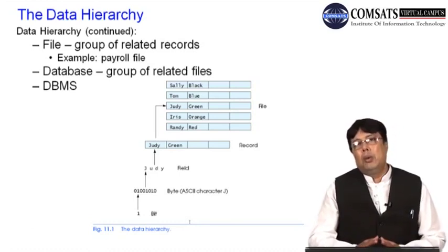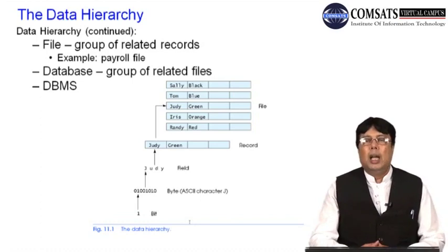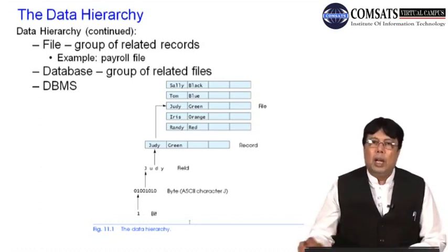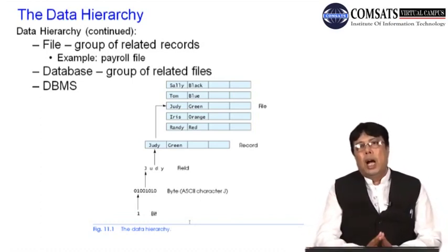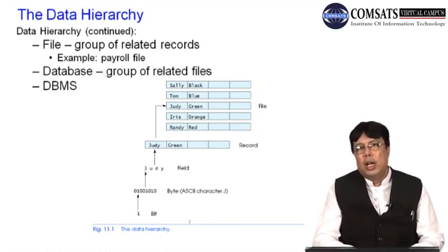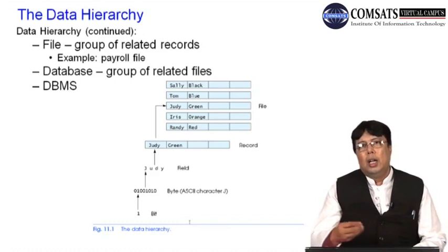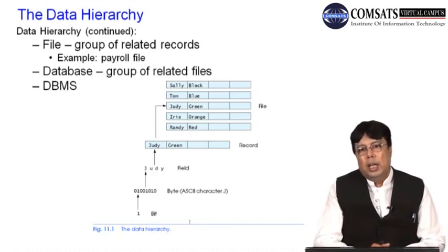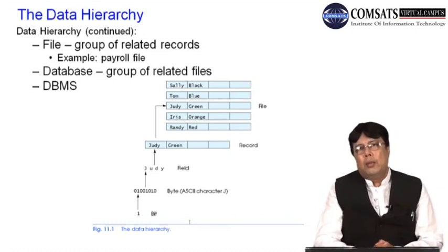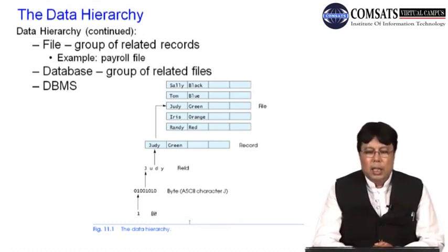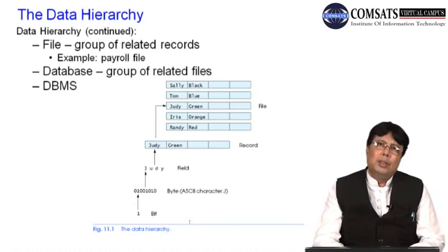But if we are talking about the inventory system, then it contains the name of the item, its specification, its size, its price, its date of purchase, and its expiry date, for example, and so you can have a number of files.